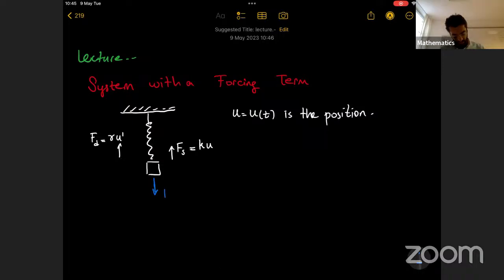So this is F, the external force, and this direction is positive and this is negative.